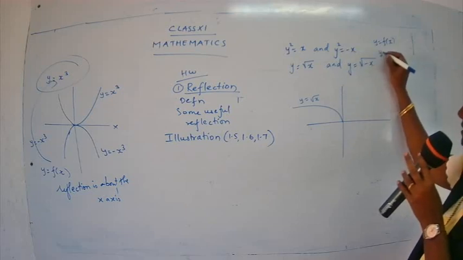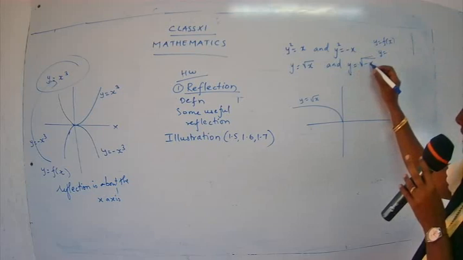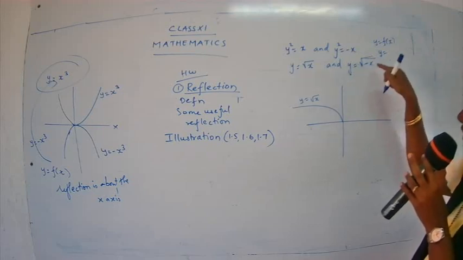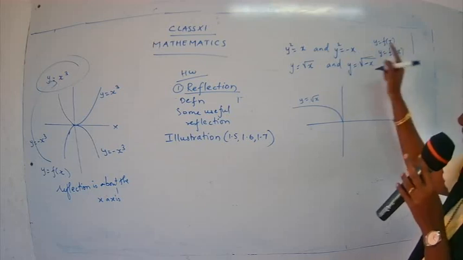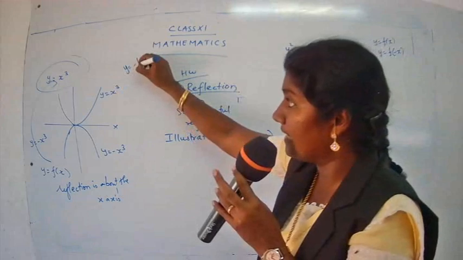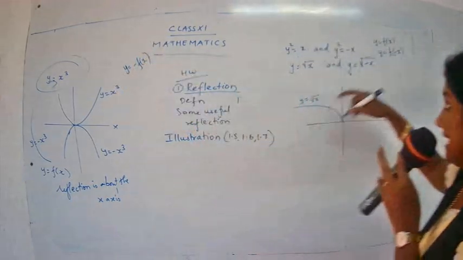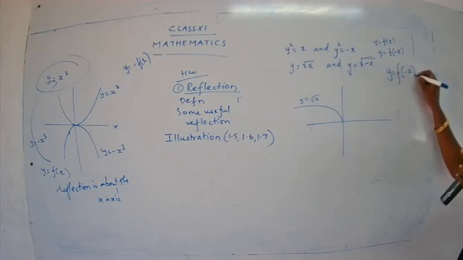Now this function is y is equal to the same function. We don't have a minus sign in the front. The minus sign is only for the value x. So you get y is equal to f of minus x. The first one is of the type y is equal to minus f of x. And the second one is of the type y is equal to f of minus x.